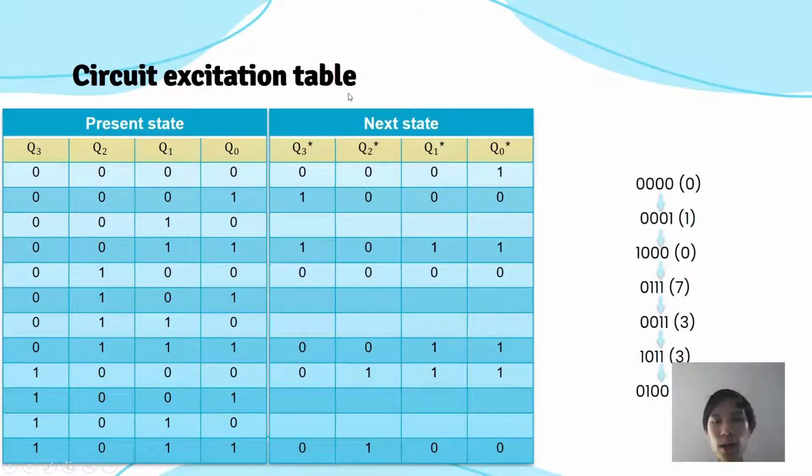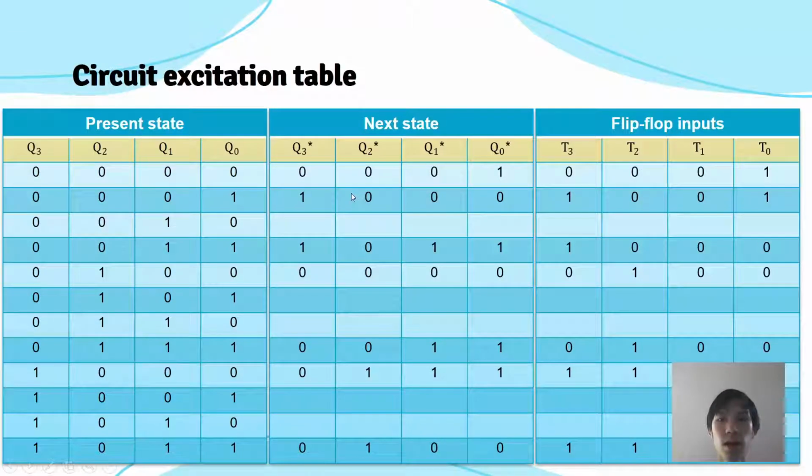And lastly, we need to determine the inputs for the flip-flops. To determine the inputs, we need to remember that when the input T is 0, the next state will not be changed. But if the input T is 1, the next state will be changed. So for example, for Q3, the present state is 0, then the next state is still 0.